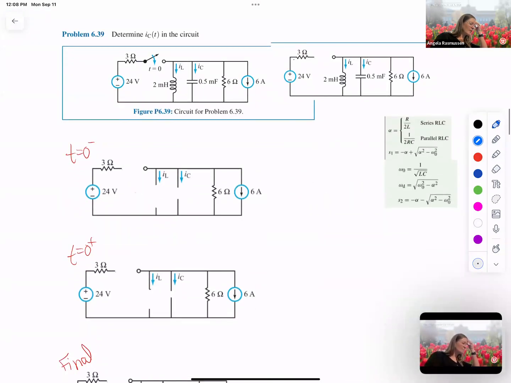So let's look at this circuit and go through these solutions. So first step is to do what? Parallel or series. The switch at infinity is going to be closed for this one.